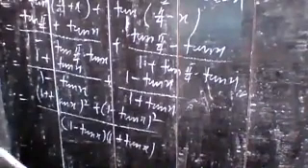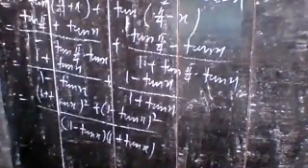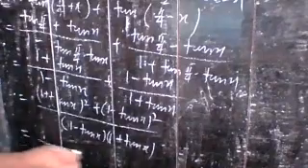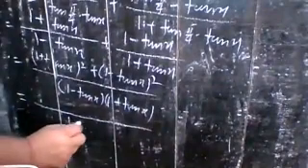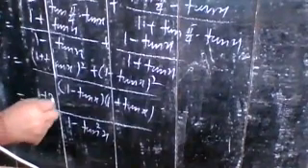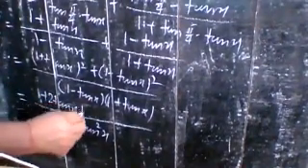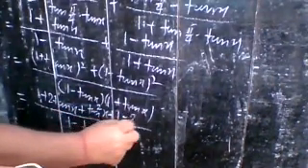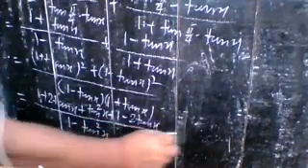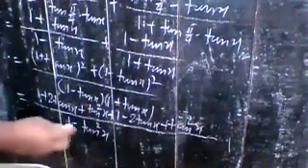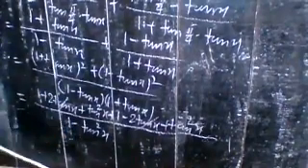Now expand it using the identity of (a plus b) whole square and (a minus b) whole square. So that is equal to, in the denominator, 1 minus tan square x, and here you have 1 plus 2 tan x plus tan square x plus 1 minus 2 tan x plus tan square x. In this way, 2 tan x cancels out.